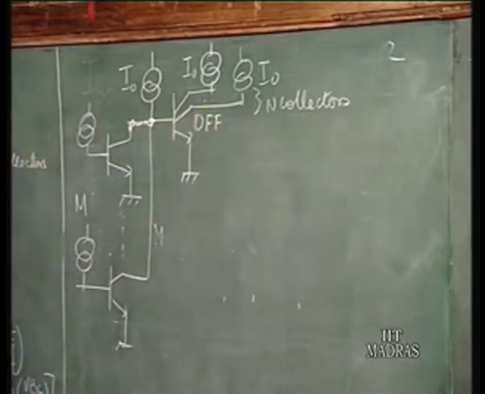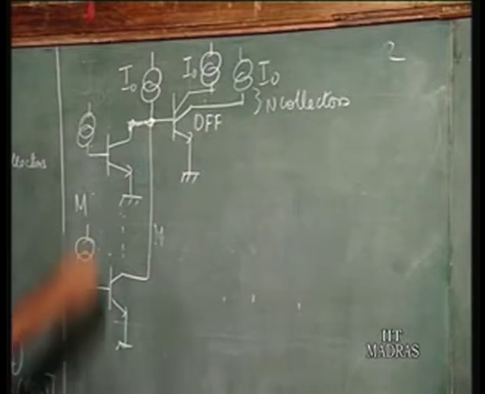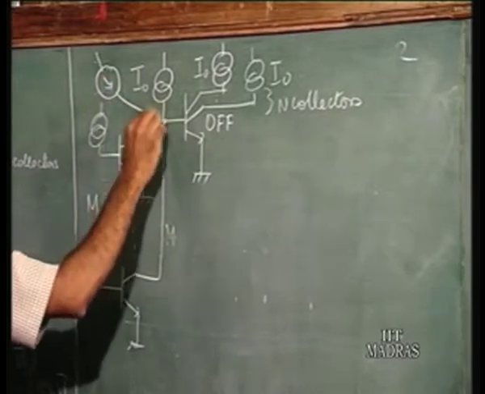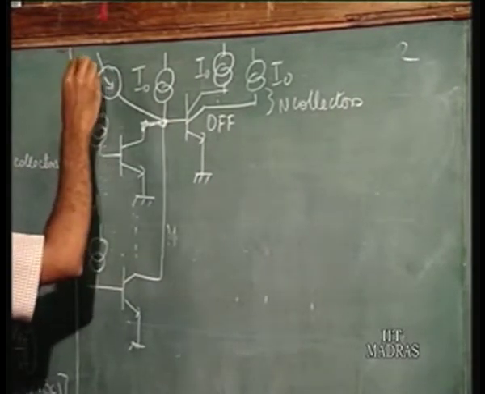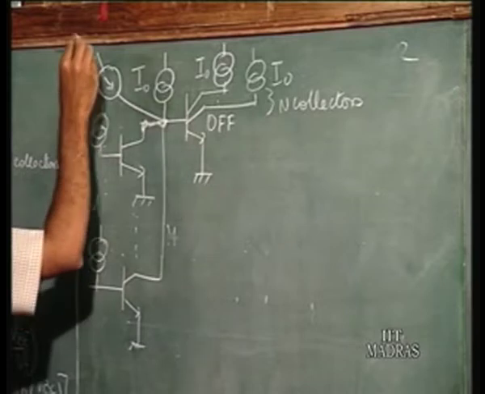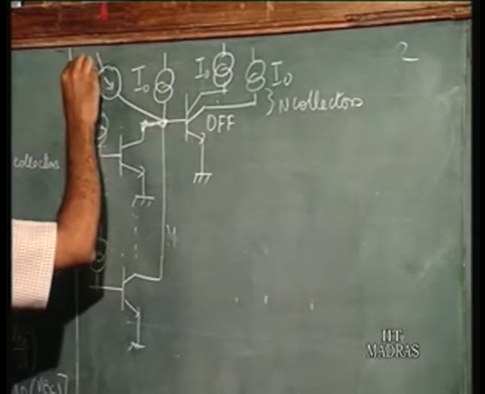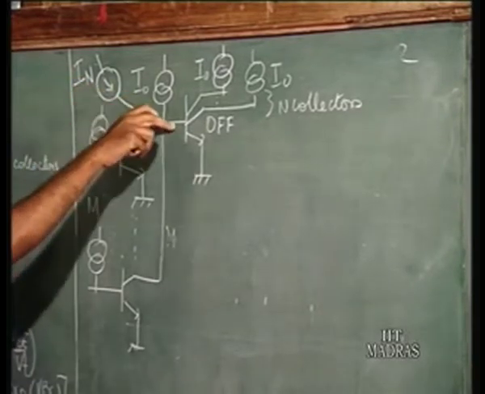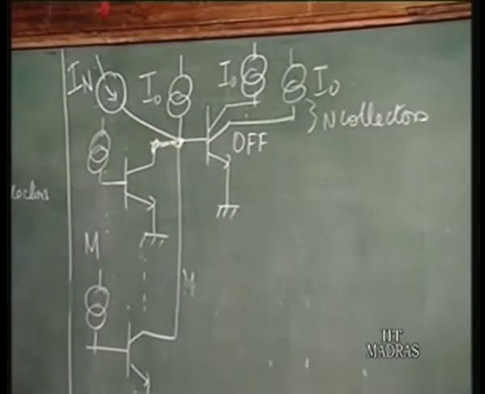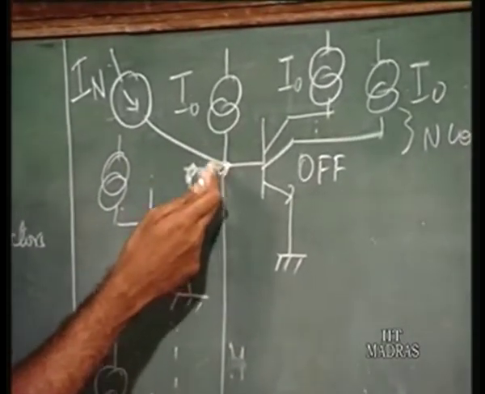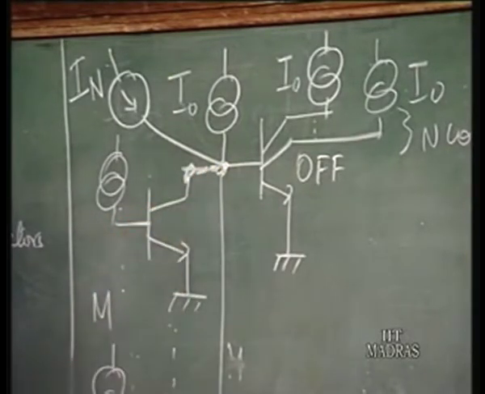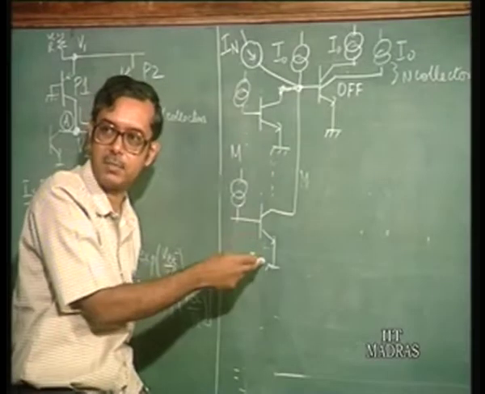Now, suppose you have another current source here, which is due to noise. I'll call this I N, the noise current, and this current flows in here. What is going to happen is, if this current is small, most of the current will flow into the collectors of the previous transistors.